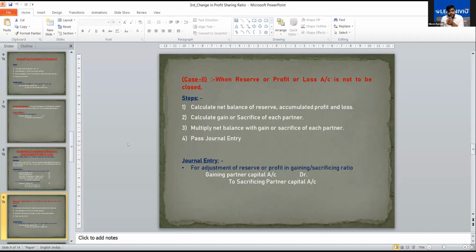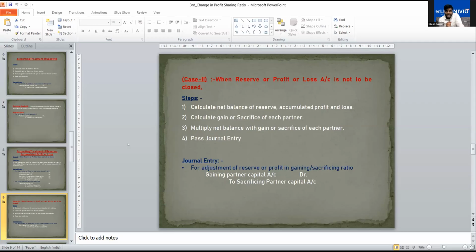Yes, sir. Okay. So in this case, calculate the net balance of reserve, accumulated profit and loss. If there is more than one profit, more than one loss, then you have to calculate the net balance. Calculate the gain or sacrifice of each partner, because in this case, we are not closing any account, we are not giving effect to the reserve and profit and loss.